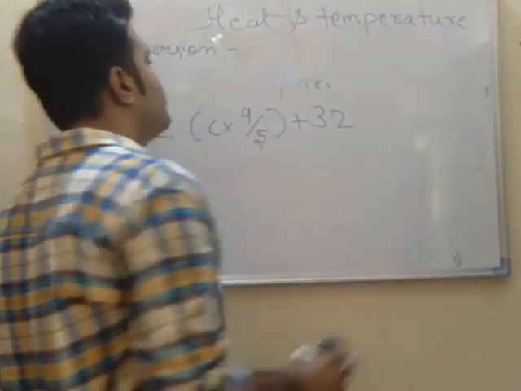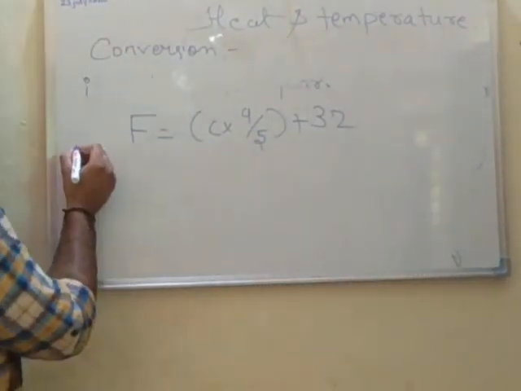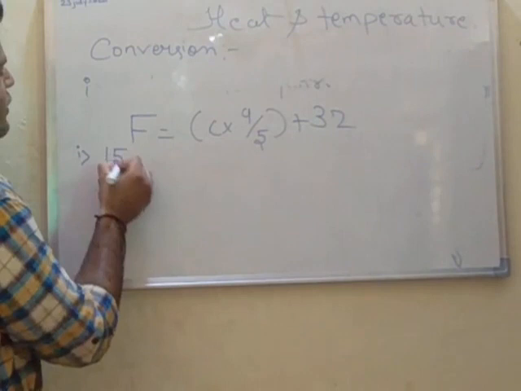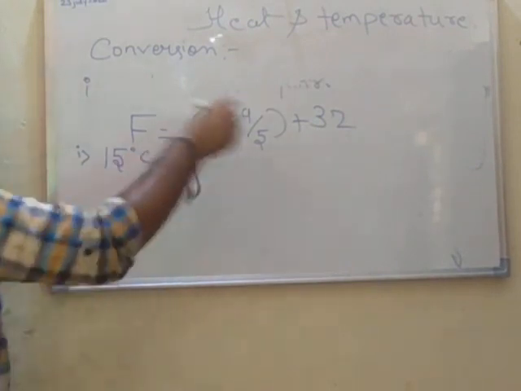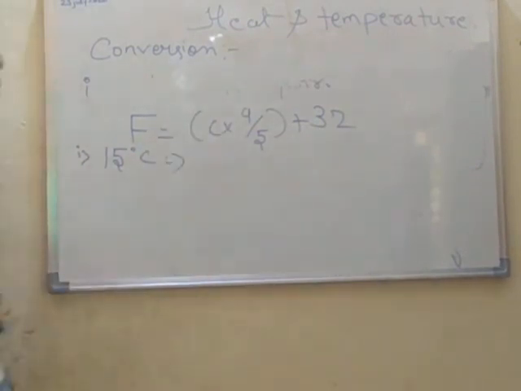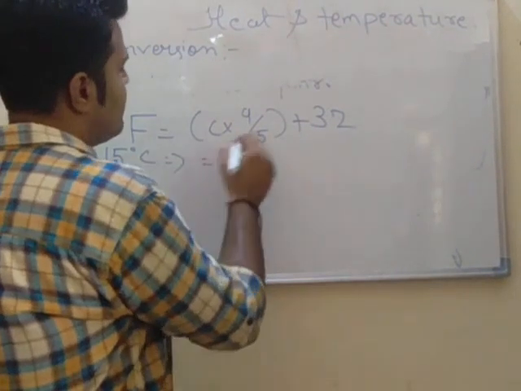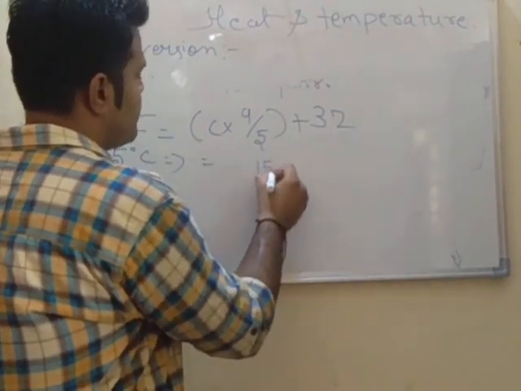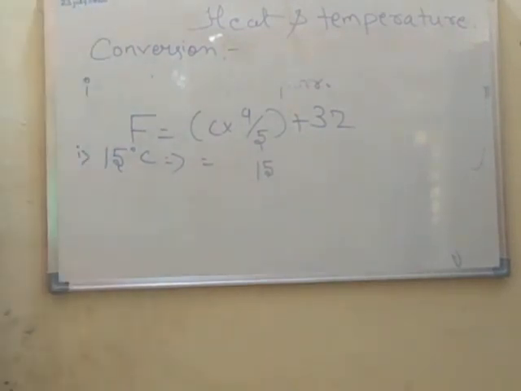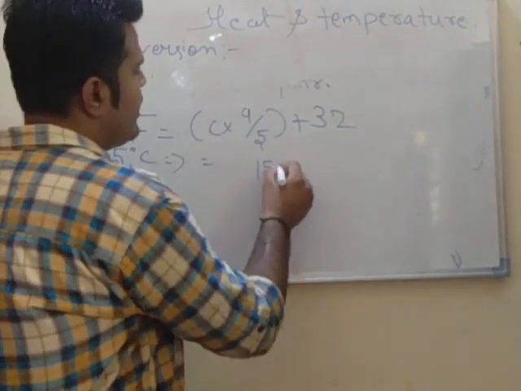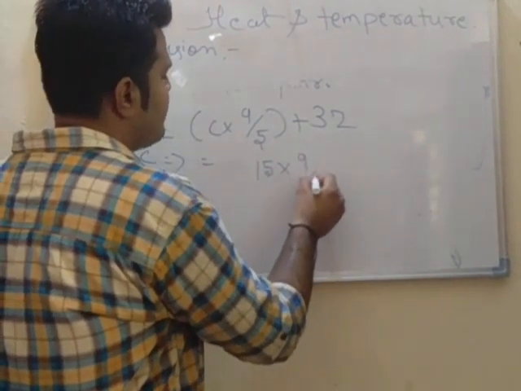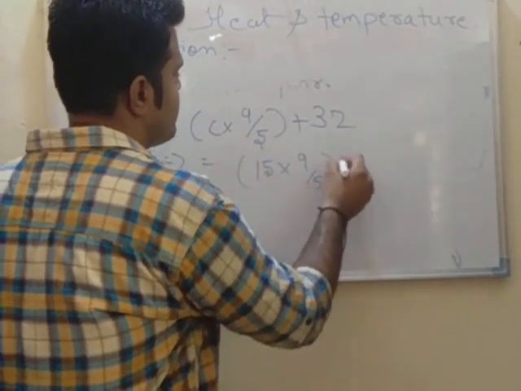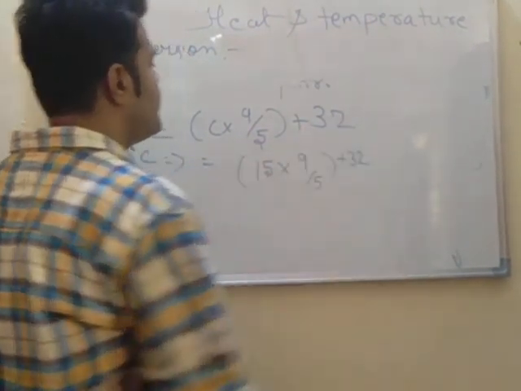Suppose I want to convert 15 degrees Celsius into Fahrenheit. So what will I do? I will just put the value in the formula. C equals 15, so F equals 15 into 9 by 5 plus 32.